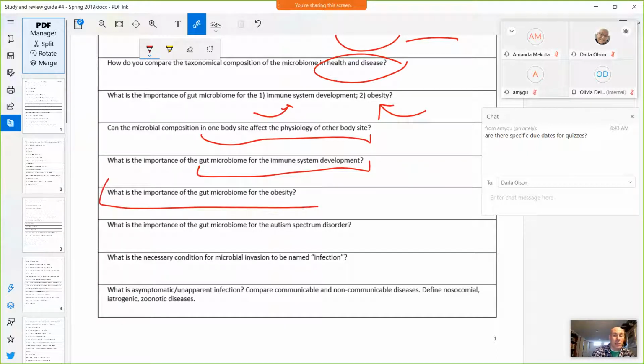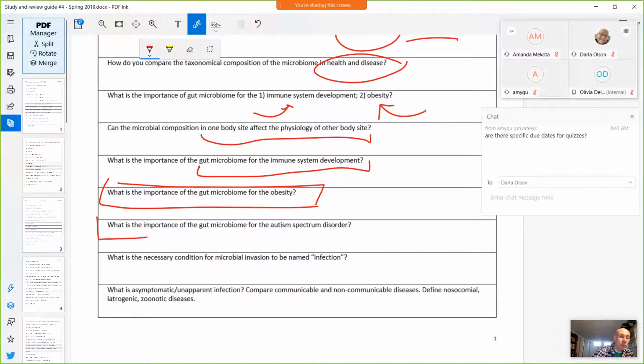Obesity, I already mentioned that, it's basically duplication here. So gut microbiome in obesity versus gut microbiome in organisms with normal weight, they are significantly different. It is an association. We can't really say there is a causative relationship.